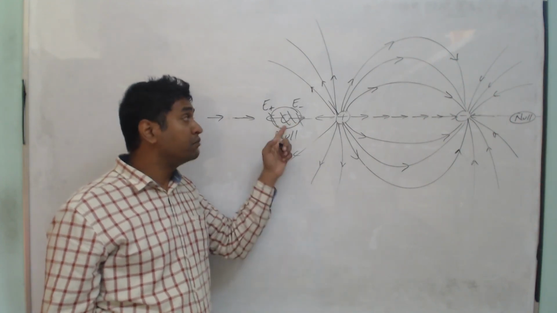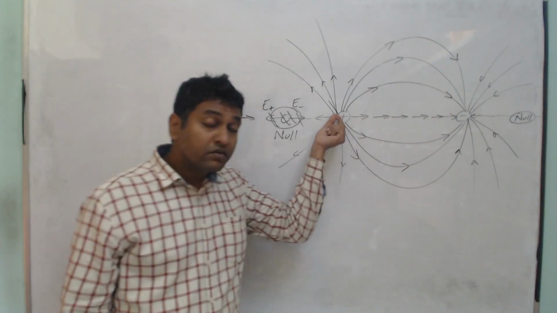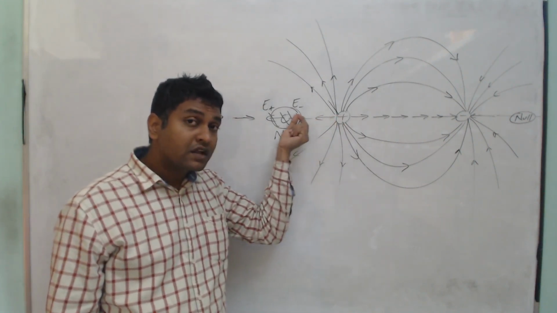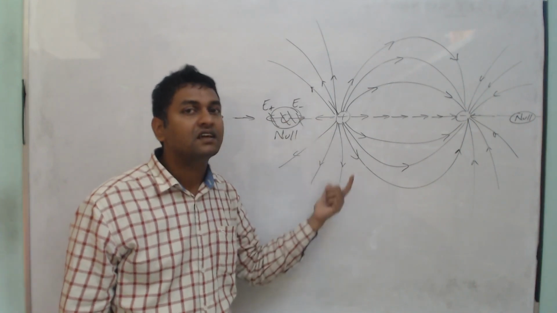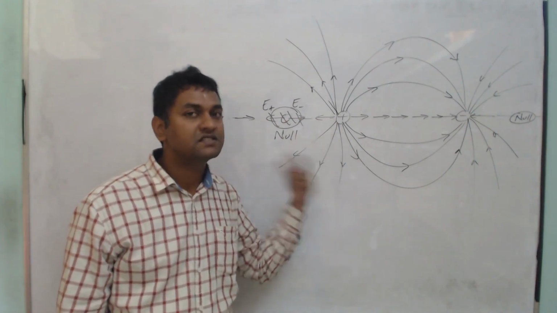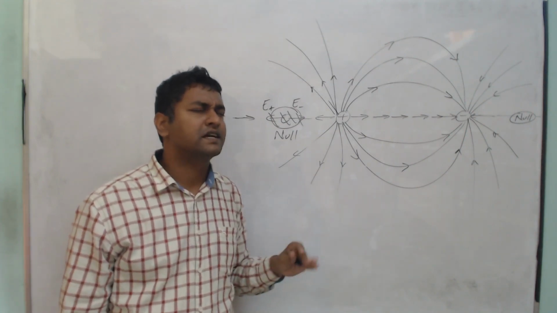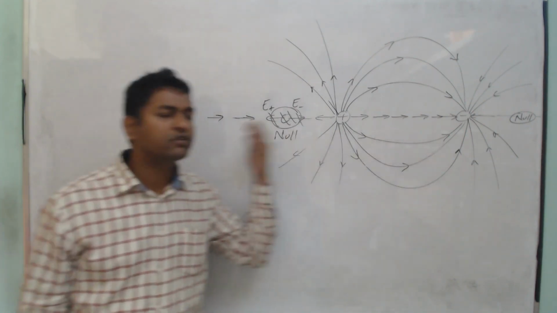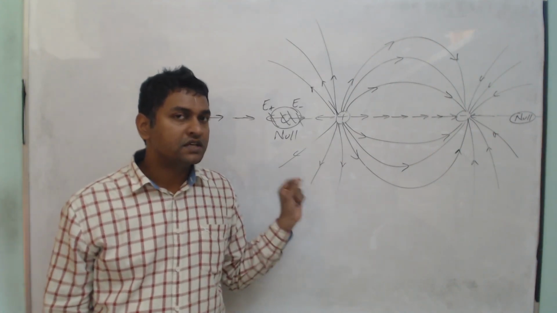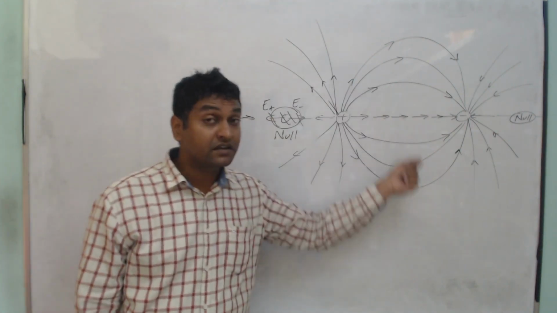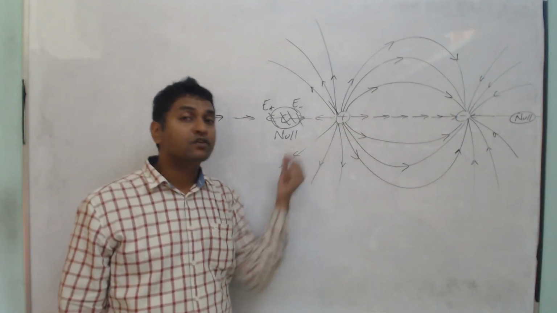While you are going from the positive charge to the null region, the effect of the negative charge is increasing and the effect of the positive charge is decreasing, right? Not increasing exactly. It will never increase. As you are going farther, it will always decrease. But what we are trying to say is that the effect of the negative charge is coming relatively closer to the effect of the positive charge.